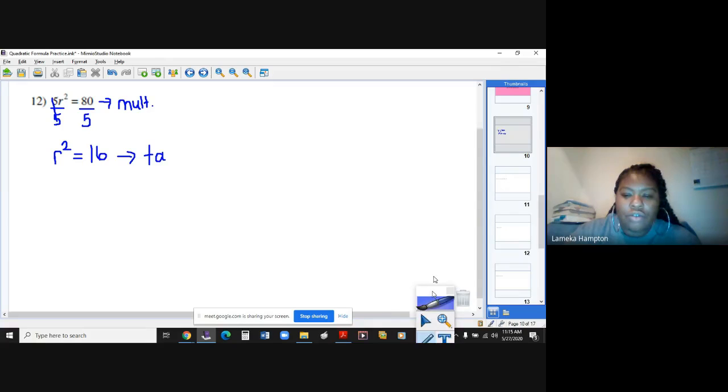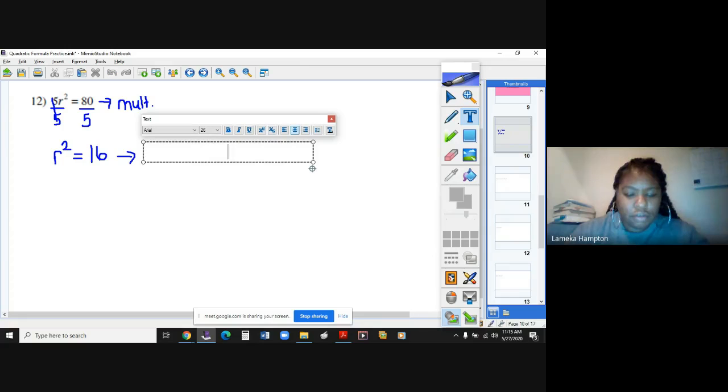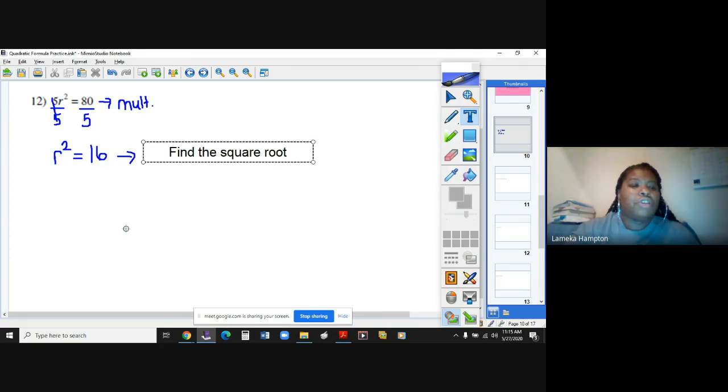And you know, I don't feel like writing all this today, so let me go ahead and type it. All right. All right, so find the square root because we are dealing with something that is squared.